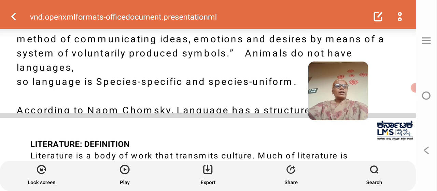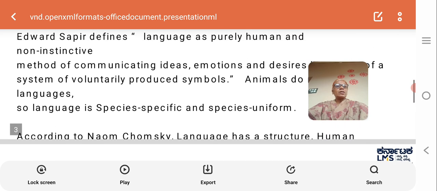Now, let us understand some of the characteristic features of language. The first quality is arbitrariness. The connection between the words we use and the things they represent is generally arbitrary. So, arbitrariness means there is no inherent reason why a certain animal is called a dog or a cat in English.